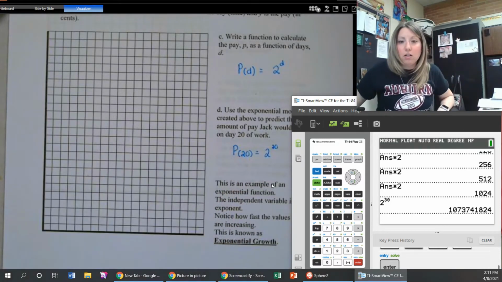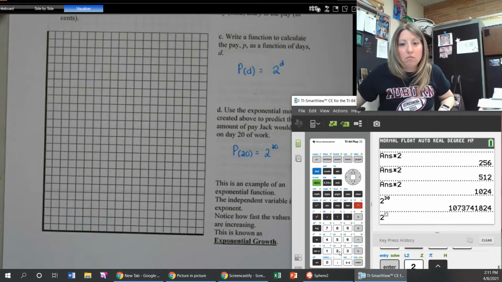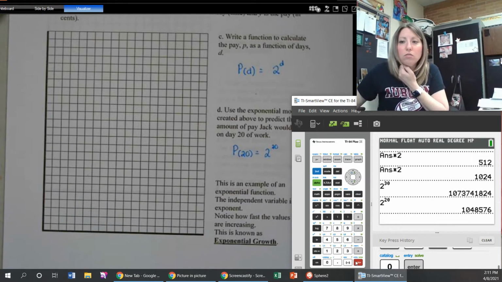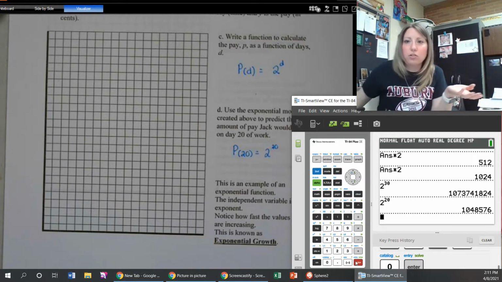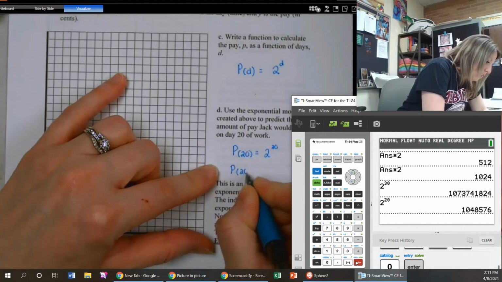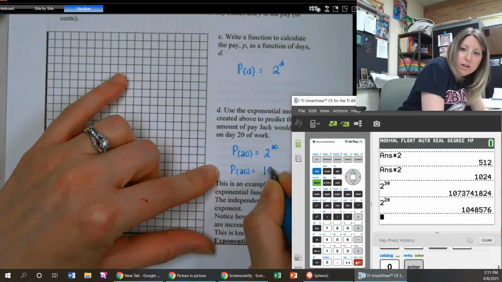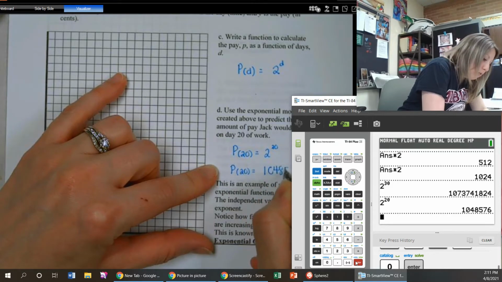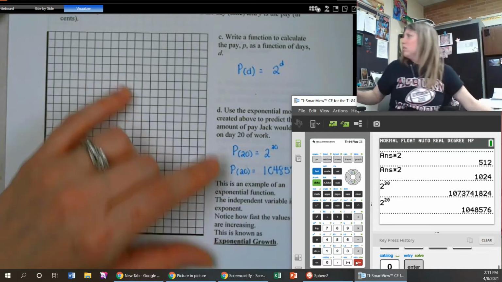And it's going to be a little less than 10 million. So what's the pay? Oh, well, it's only $10,000, right? So P of 20 days is going to be, let me just write down the digits, and then we'll get some decimal places in there.